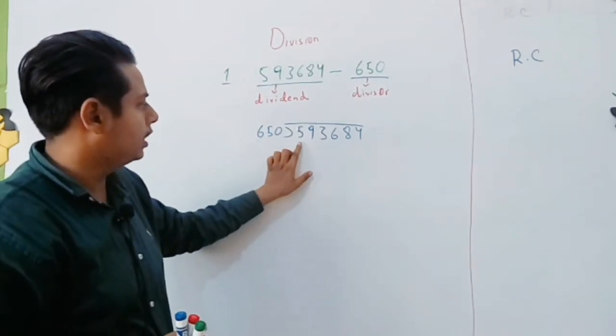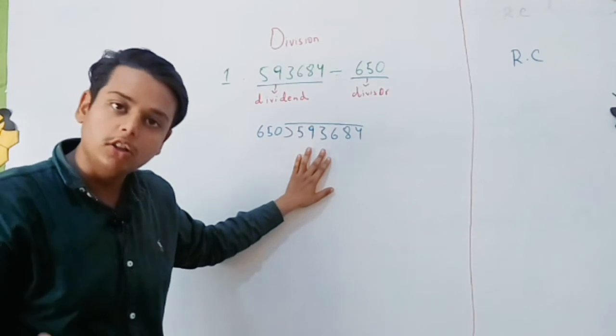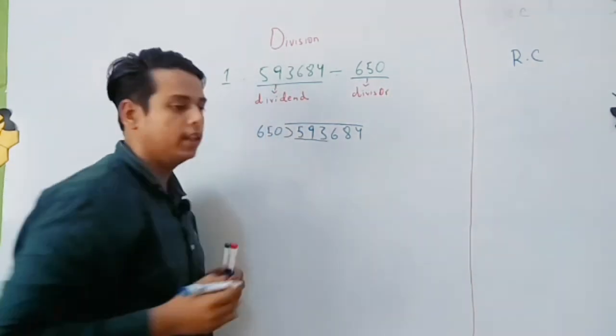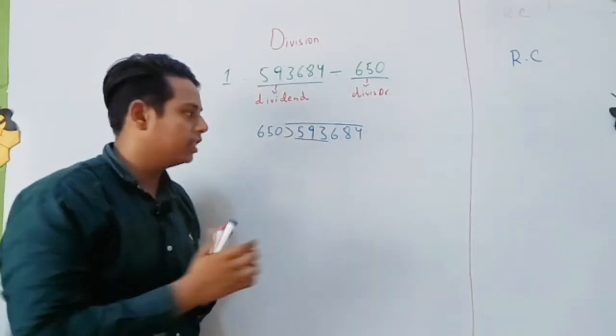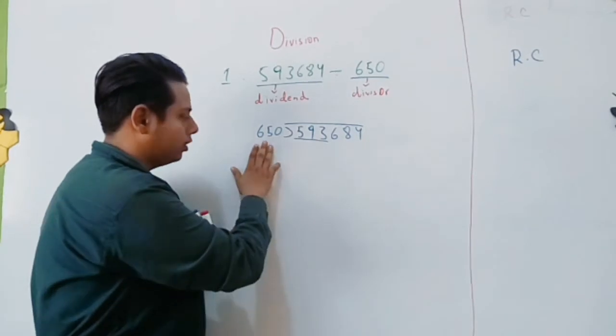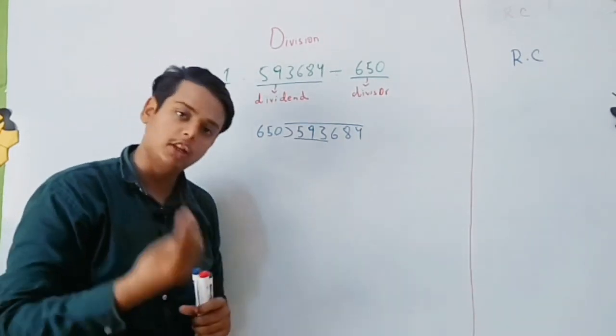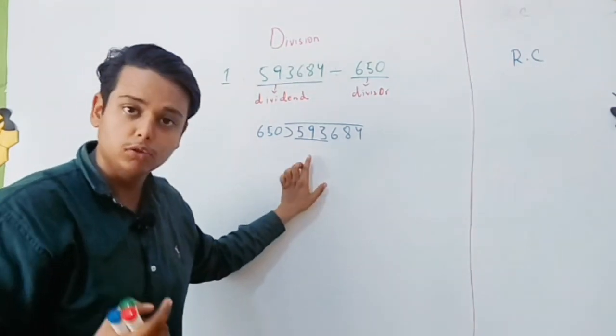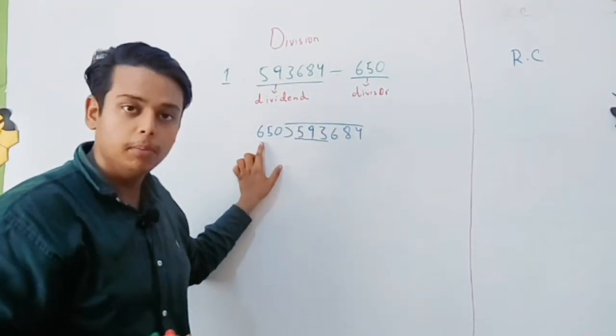First of all, 5 is there, 9 and 3. These all three numbers are small. In the 2-digit case I choose the first 2 digits of the dividend first, but now I am having a 3-digit divisor over here. I am choosing 3 digits from the dividend as well. अब मैंने क्या किया, पहले 3 डिजिट नंबर्स को चूज़ किया क्योंकि हमारे पास 3 डिजिट नंबर है.